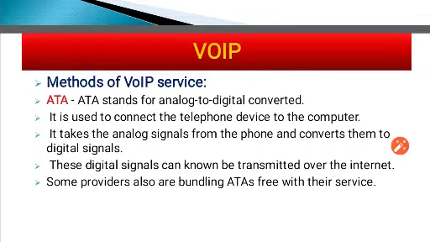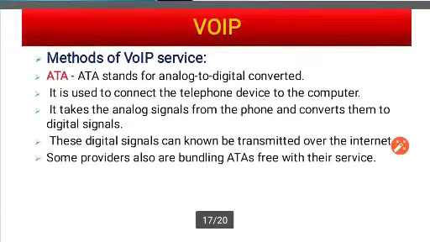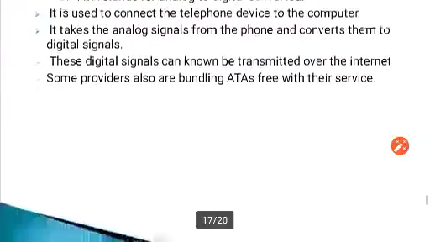So these digital signals can now be transmitted over the internet. So you are taking the analog one from the phone calls and then converting it to digital to send it to the internet. In this way this ATA is working.